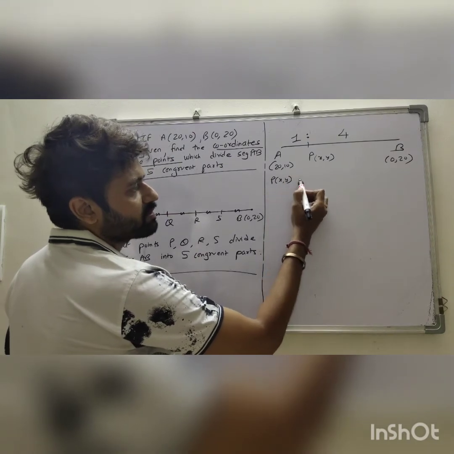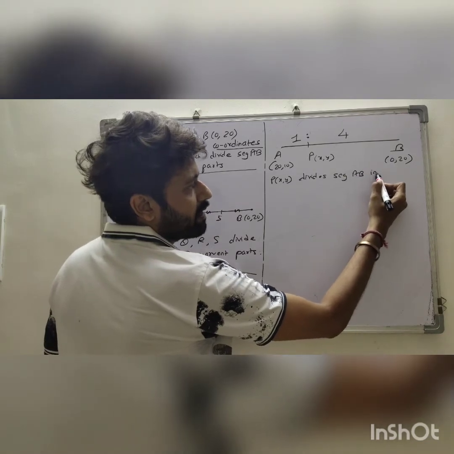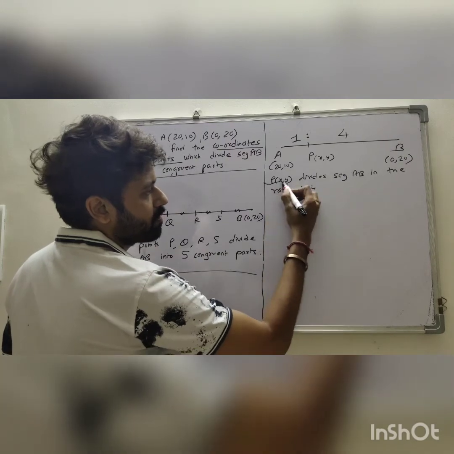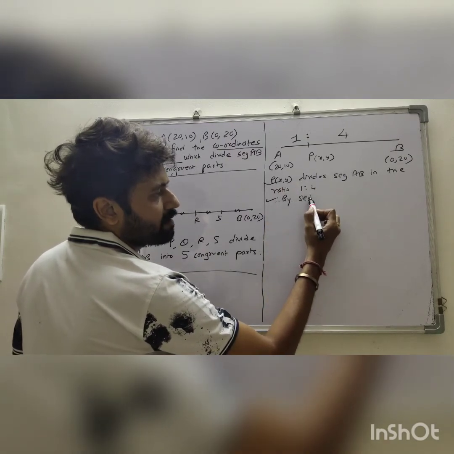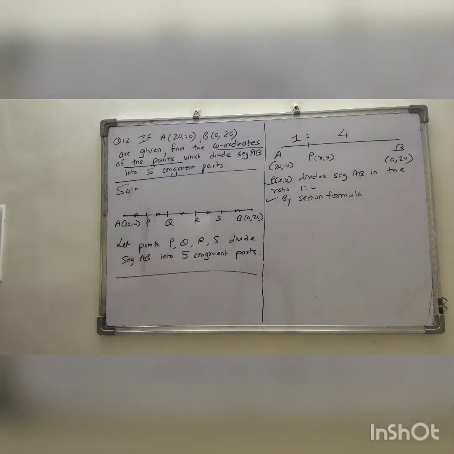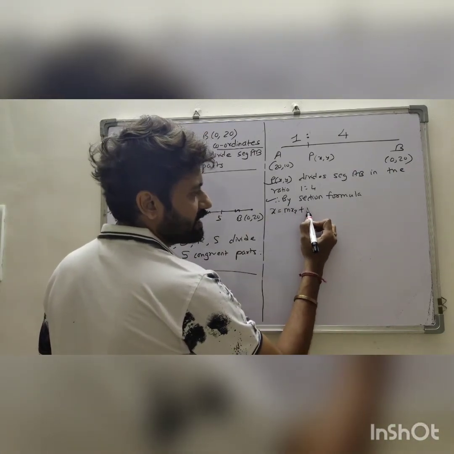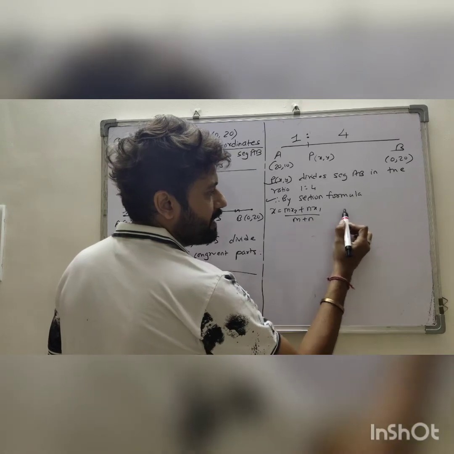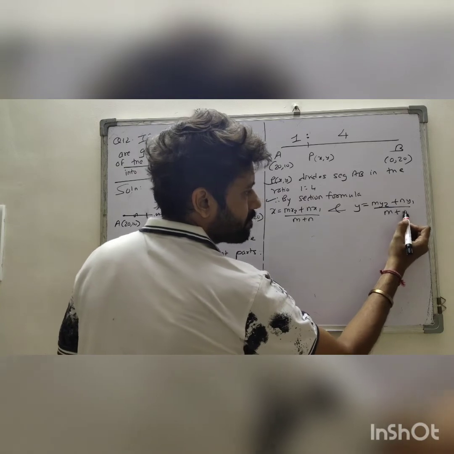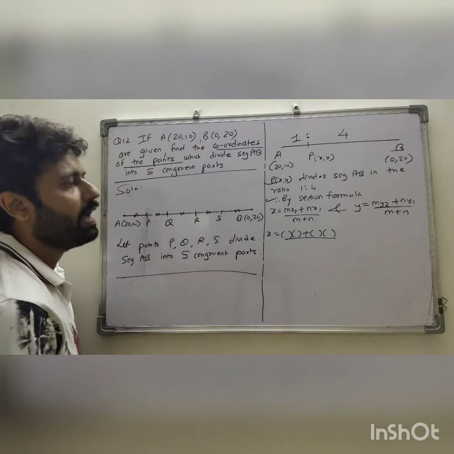P x comma y suppose divides segment AB in the ratio 1:4. Therefore, by section formula, x is equals to mx2 plus nx1 upon m plus n, and y is equals to my2 plus ny1 upon m plus n.